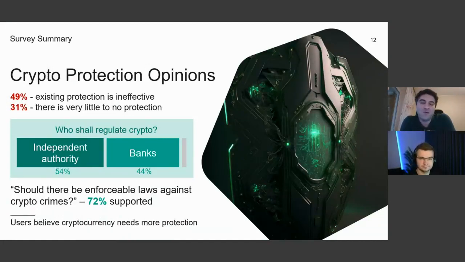But if we remember what Satoshi Nakamoto said, he said, "We want to create a system that is independent of the banks, that allows people the freedom to move their money where they want." What do you think about this clash of ideas, where we developed a system out of the bounds of bank regulation, and now, because of all the problems, people want that system to be regulated by banks?